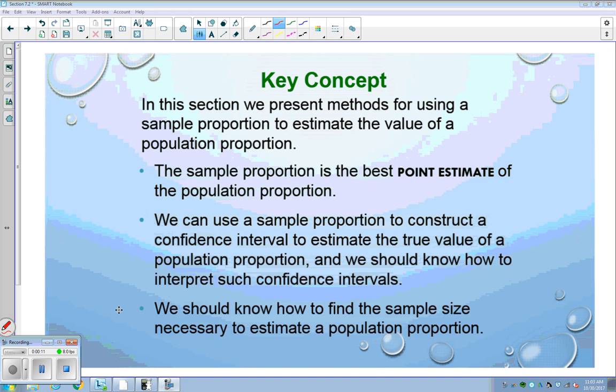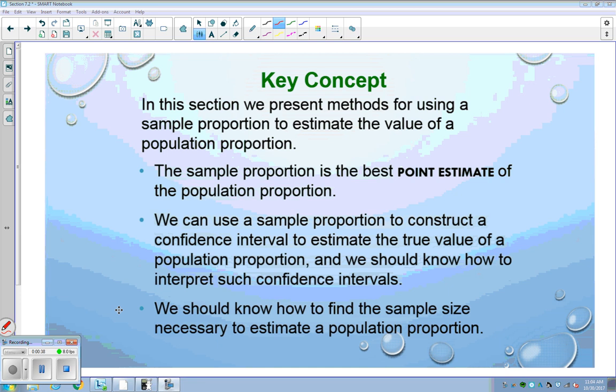The key concept in this section is that we're going to use a sample proportion. We know that the sample gives us the best estimate of the population. We're going to use the sample to construct what we call a confidence interval.